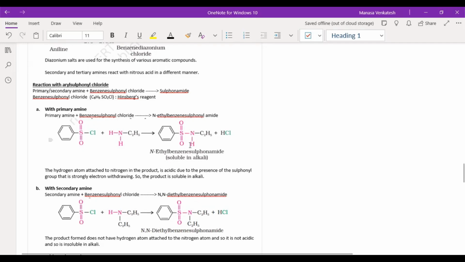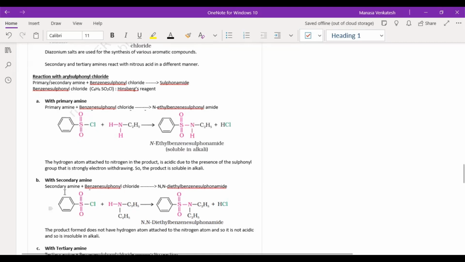So here you have a hydrogen atom attached to the nitrogen atom. On the other hand, when you have a secondary amine, it reacts with benzene sulfonyl chloride to give us N,N-diethyl benzene sulfonamide. Here, notice you do not have a hydrogen atom. And this hydrogen atom attached to the nitrogen is very important.